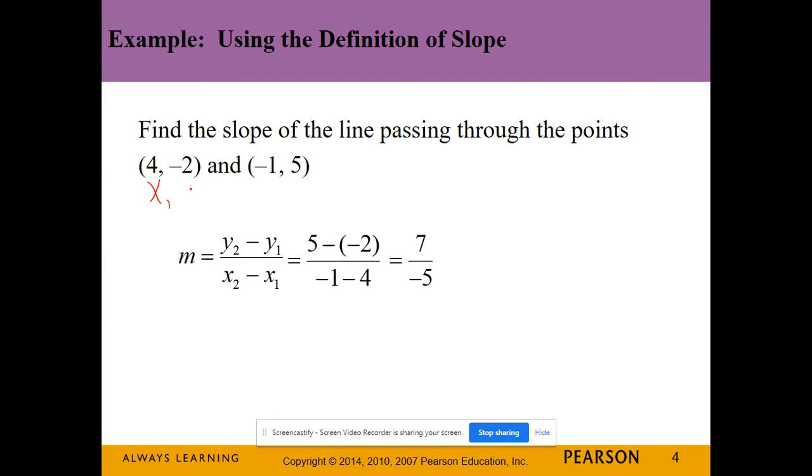So you got your x1 and your y1 and your x2 and your y2. So y5 goes in for y2, -2 goes in for y1, which makes it minus a negative, which is why it's 5 plus 2 and 7. x2 is -1, x1 is 4, so -1 minus 4 is -5. So the slope between those two points would be -7/5. Okay, just don't leave the negative in the denominator.